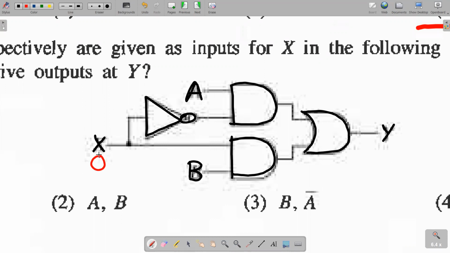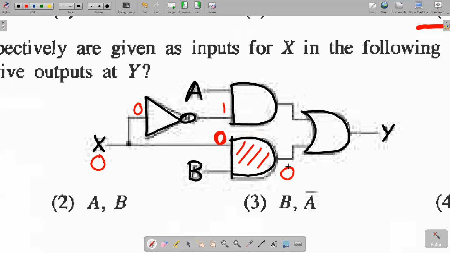X is given the value 0. If it is 0, this particular input will be a 0. Since this is receiving a 0, this will give you a 1. Now, since this is an AND gate, when you AND a 0 with anything else, it is going to give you a 0 as the output.